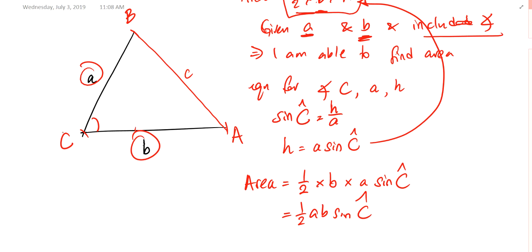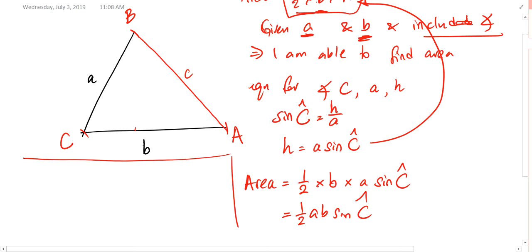Okay, now I want you to give me an alternative formula for the area of this triangle. Instead of half AB sine C, what other variations are there? Area also equals half BA sine C, which is the same as AB sine C. Give me another one.